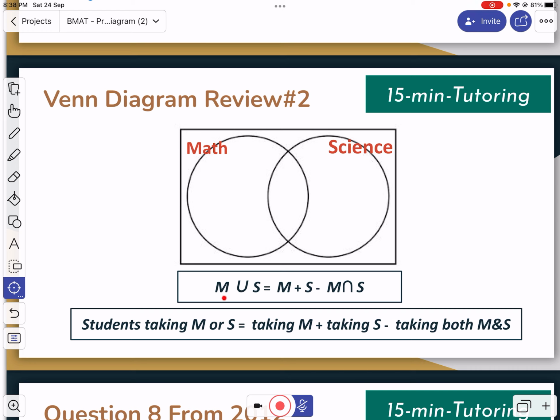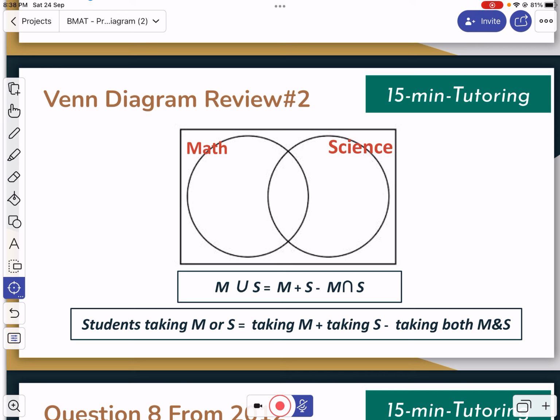M union S, the number of people who take either math or science, is the same as the number of people in math class, add it to science class, but make sure you subtract people who are double counted, and this is M intersect S, or people who are taking both subjects.